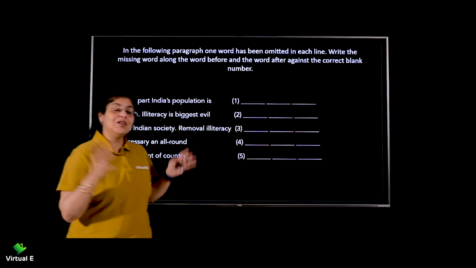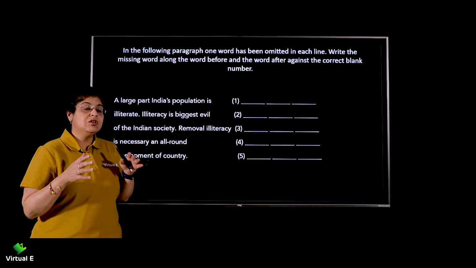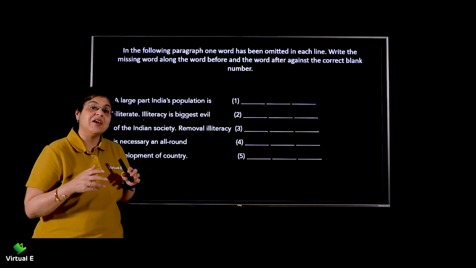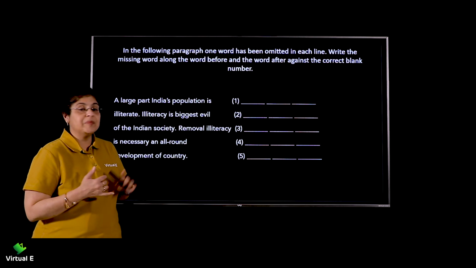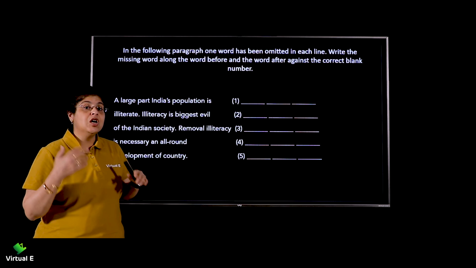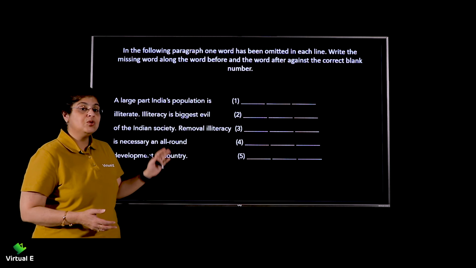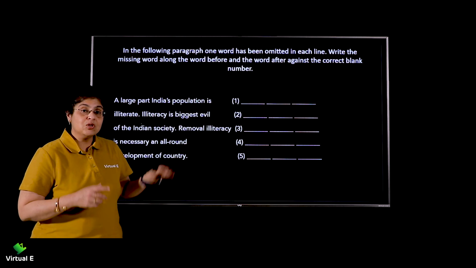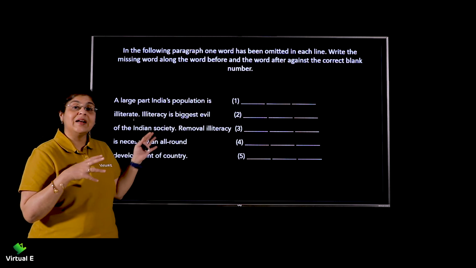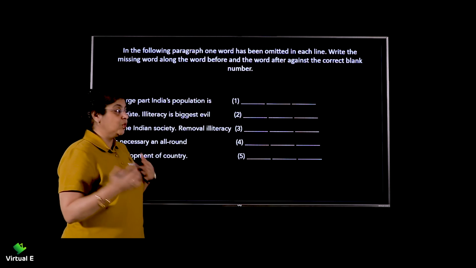This is integrated, all the topics come. That's why you have to know each and every concept very clearly: your prepositions, your articles, your tenses, your verb forms. Once you know that, you cannot make a mistake in this. This is how it works in grade 9th onwards.